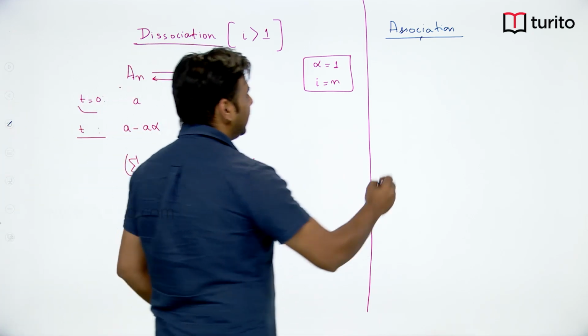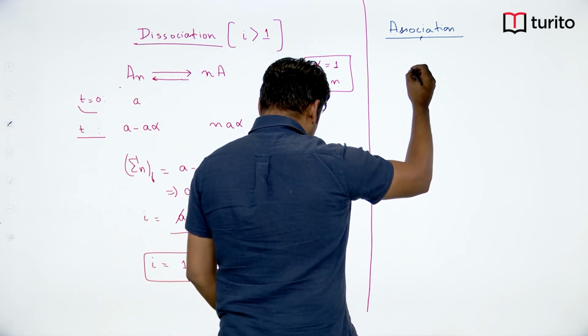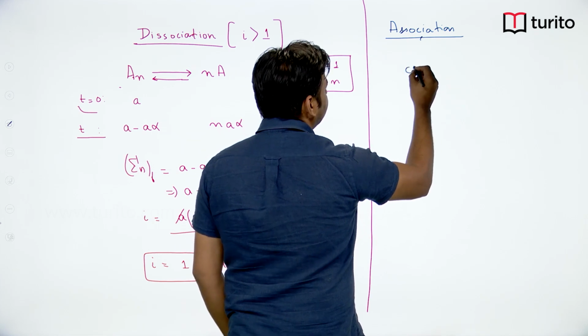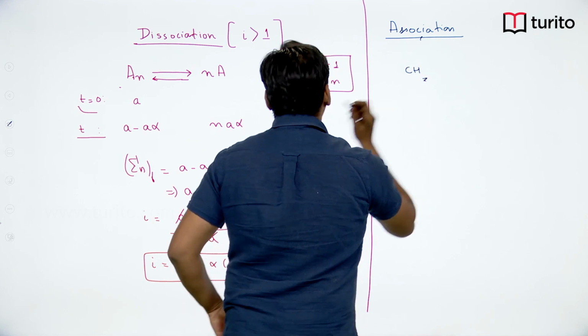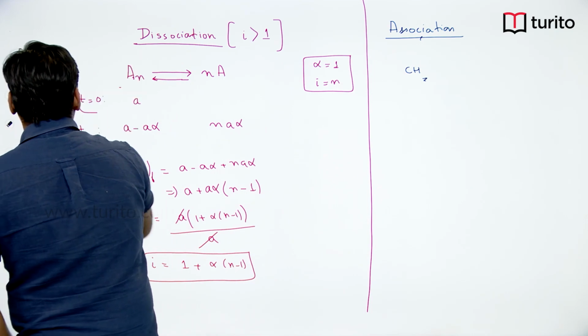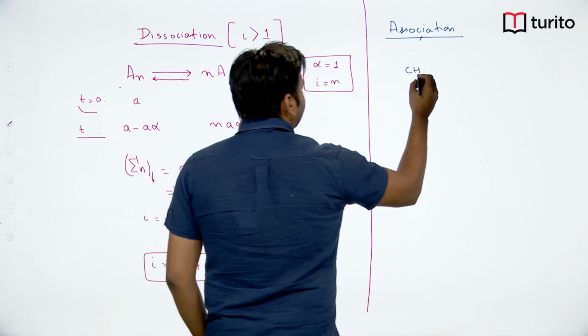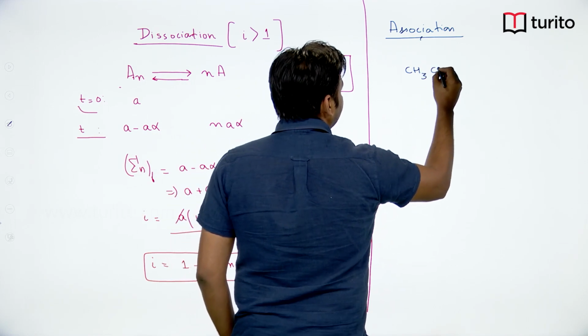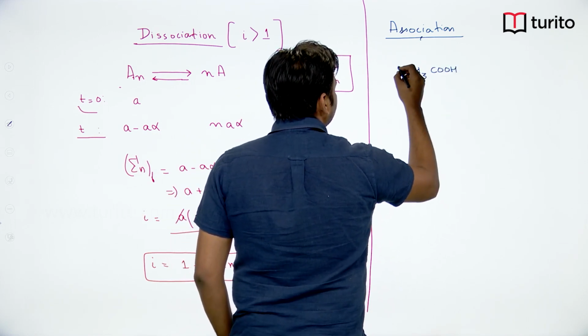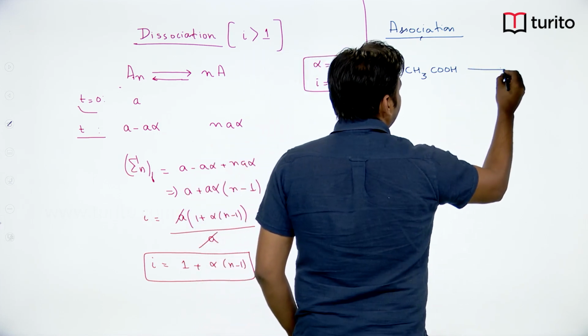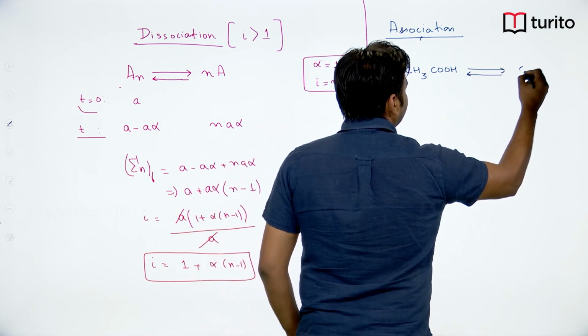Okay, so the common example of this is acetic acid. When we take acetic acid in a non-polar solution, the acetic acid dimerizes into this.